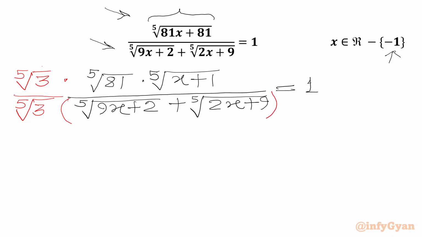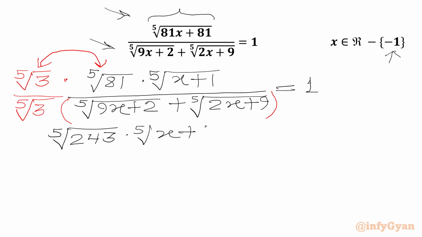Now we are going to multiply these two radicands. 3 with 81 will give 243. So I can write here fifth root of 243 times fifth root of x plus 1 over.